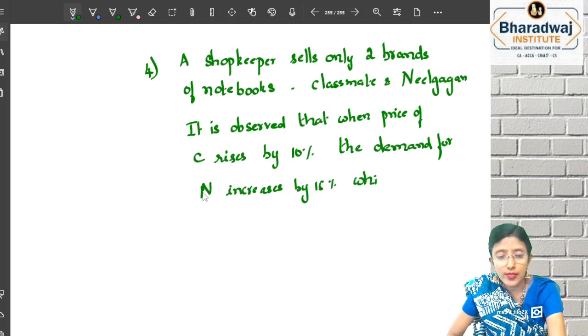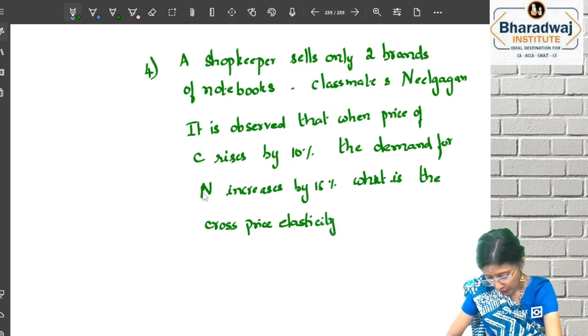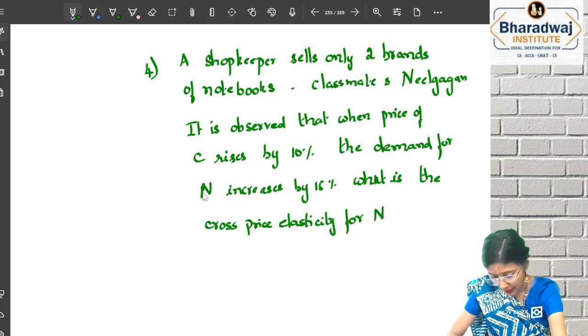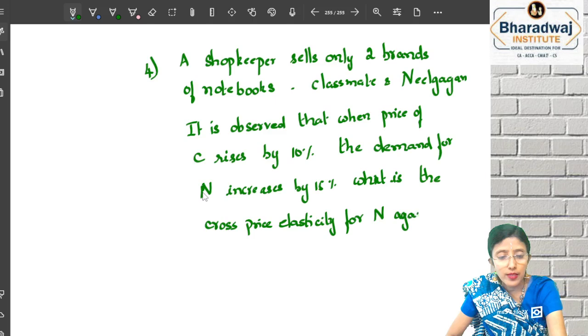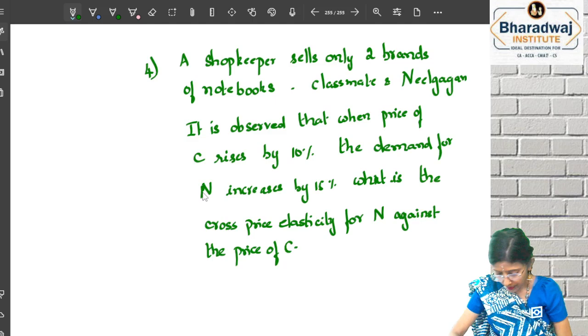What is the cross price elasticity for N against the price of C? So 2 brands are given.